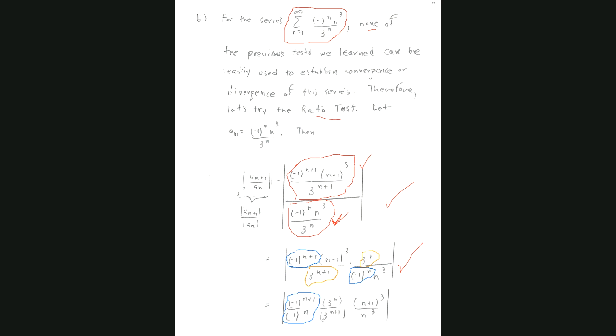What do you do with the exponents? Subtract them. That's right, Josiah. So n plus 1 minus n equals 1. And so this is going to equal -1 to the first power, but that's just -1.